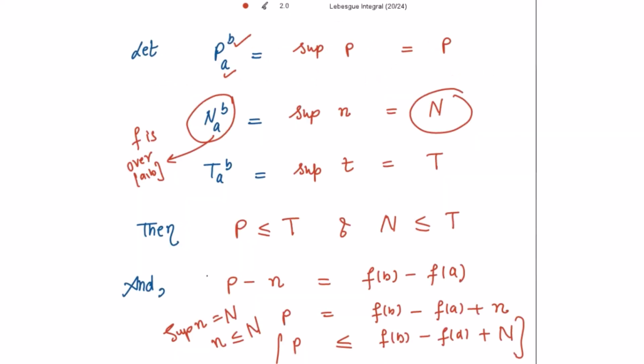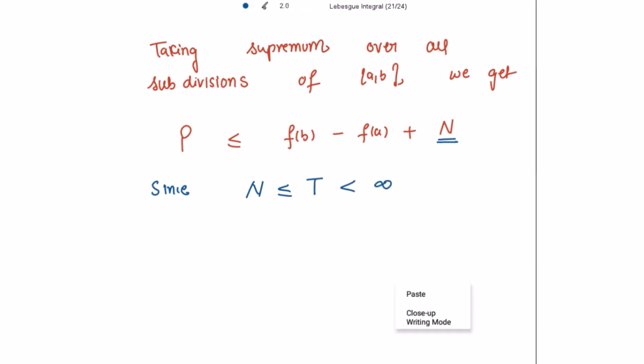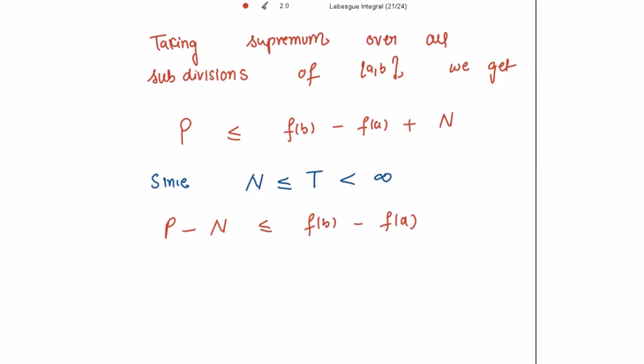We get small p changed into capital P, which is less than or equal to f(b) minus f(a) plus capital N. And since we know that capital N is less than or equal to capital T and this T is finite, I can take this N to the other side. So that is P minus N less than or equal to f(b) minus f(a). It is important to write this.